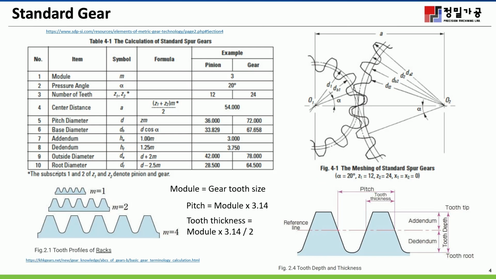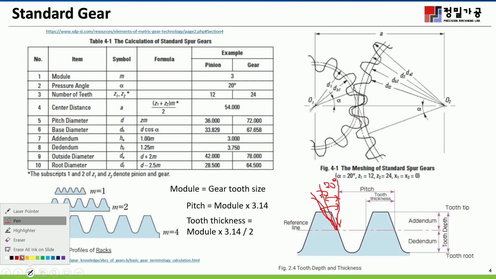This translates from this state to here, and this is the pressure angle, 20, which determines the inclination of the teeth. If you have a large pressure angle, you will have more slope on your teeth. Okay, understand?